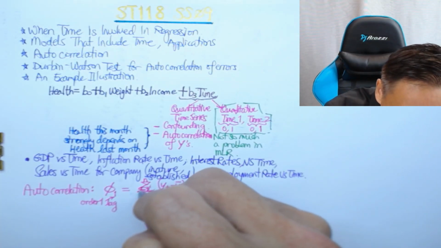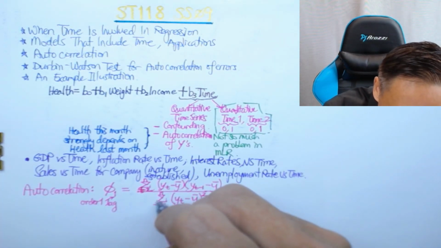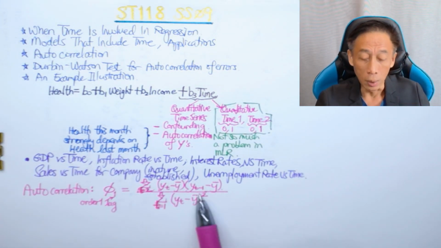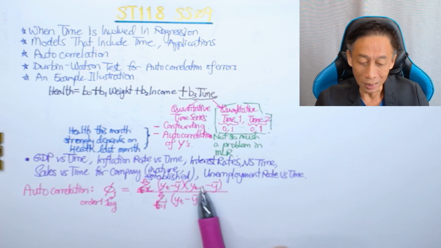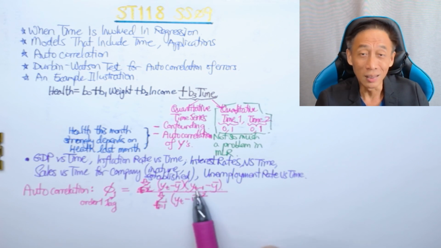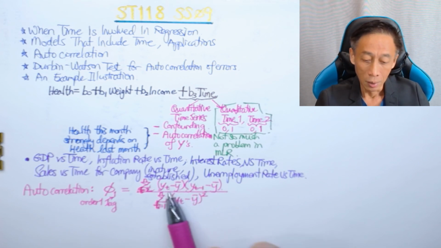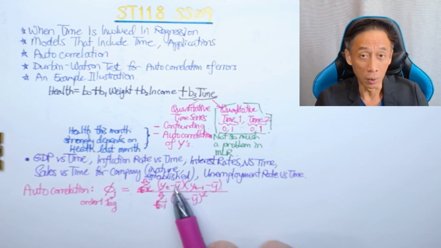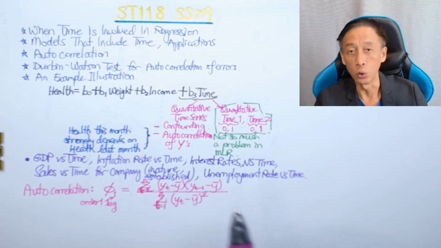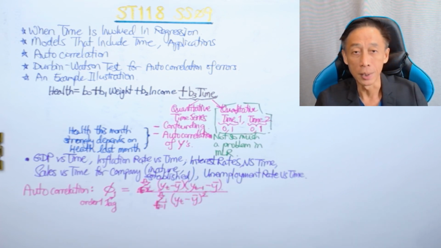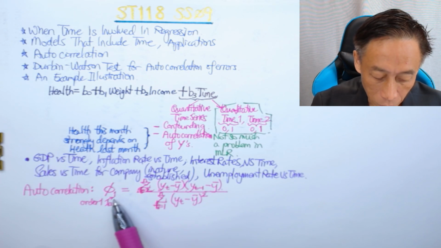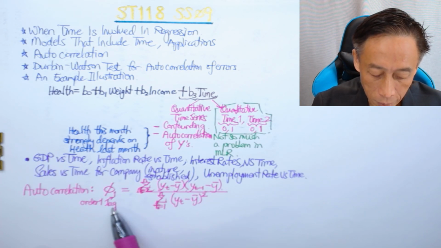So the t starts from time 2. So 2 minus 1 is 1, so this would make sense, and the 1 deviation is multiplied by the 2 deviation. Then, of course, the 2 deviation is multiplied by the 3 deviation, and so on and so forth. So we add up this part. And the 1 here is the order 1 lag.